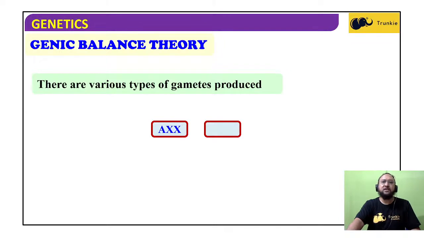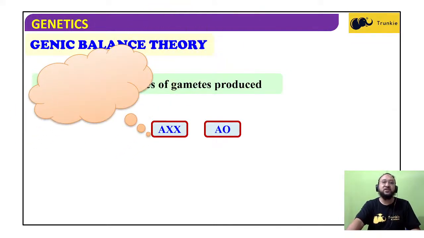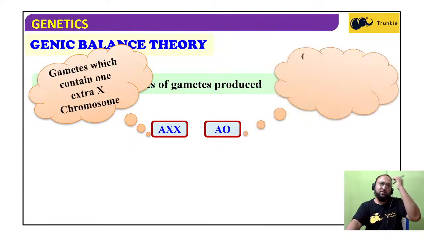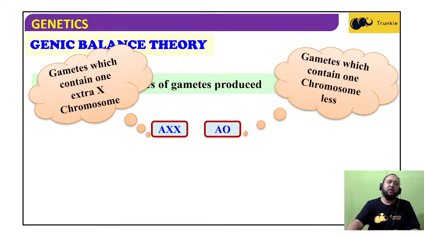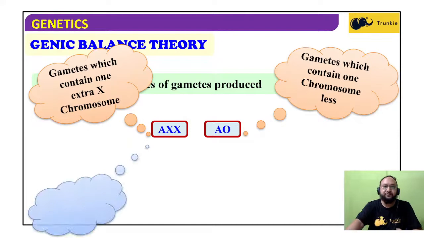So there are various types of gametes produced: a gamete with double X, that is AXX, which contains one extra X chromosome, and an A0 gamete, which contains one chromosome less, so there are only autosomes and no X chromosome.